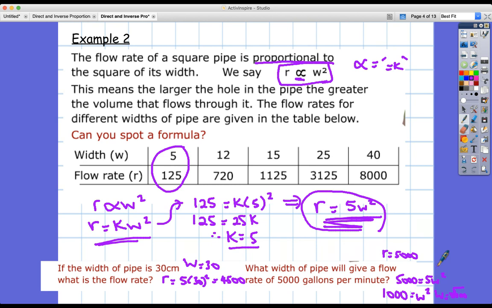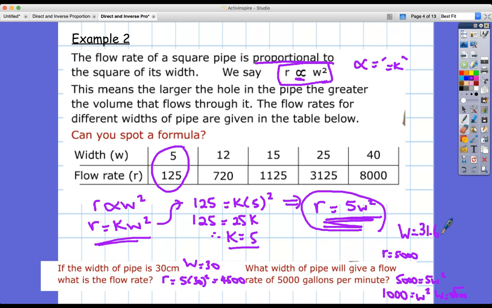I've got all my equipment with me. We've got square root of 1,000, which equals 31.6. We could just leave it as square root of 1,000. So W equals 31.6.